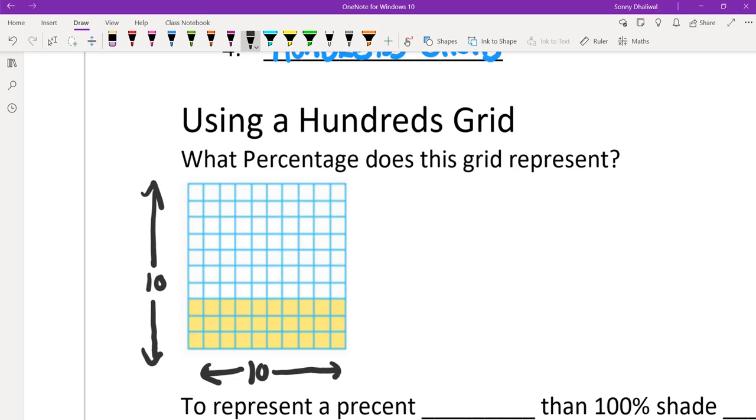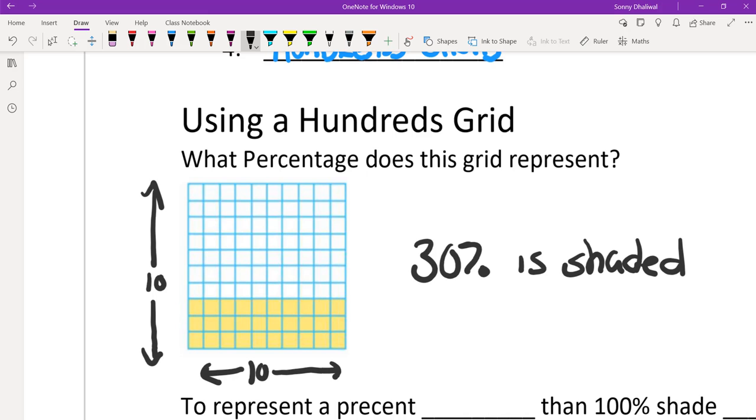Mason? 30. 30, right? You have 10 here, 10 here, 10 here. So altogether, 30% is shaded. And the person you're saying to, since you're using percentage, they know it's automatically the total is 100 boxes and 30 of them are shaded.